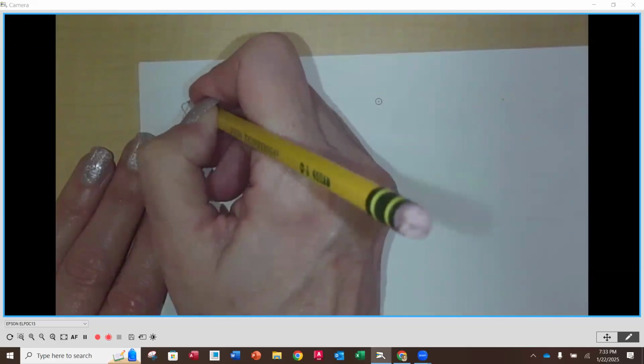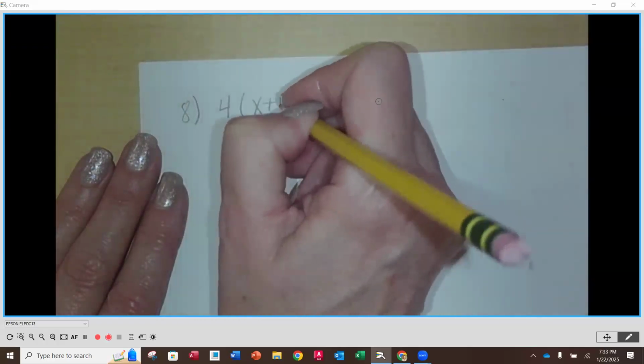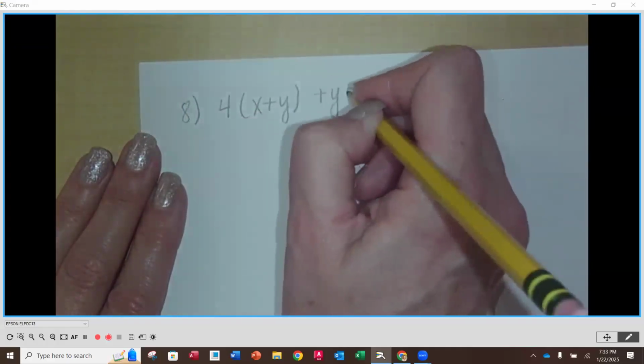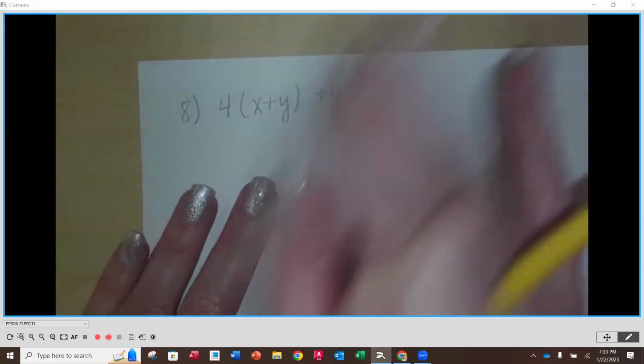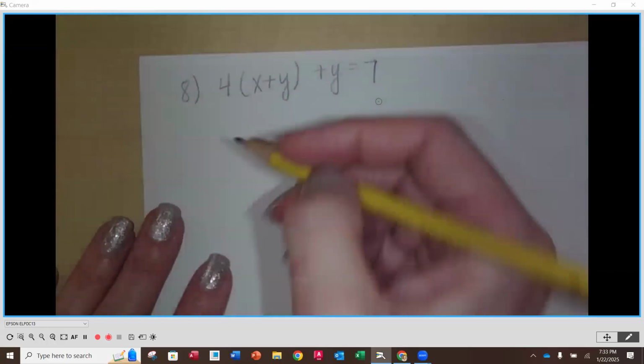So this is going to be number 8, and I've got 4 times x plus y is equal to 7. So instead of writing the second equation here, I want to get this equation in a combined form. So I'm going to distribute the 4, and then we're going to see that we can combine the y's, and that'll be our equation number 1, if you would.